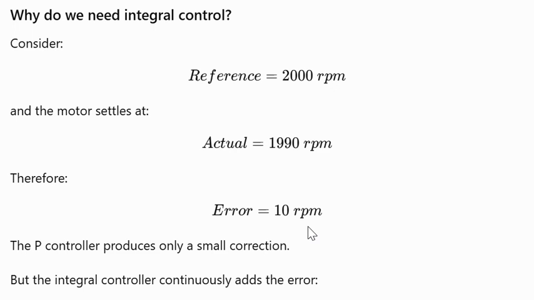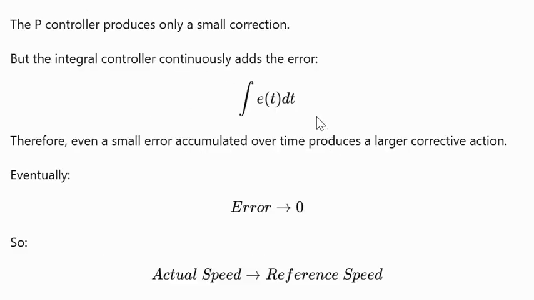The P control produces only a very small output for this error, but the integral controller continuously adds the error with respect to time, like this: integral of E of t into dt. Therefore, even a small error accumulated over time produces a larger corrective action. So eventually the error will become 0, and your actual speed will be equal to the reference speed.